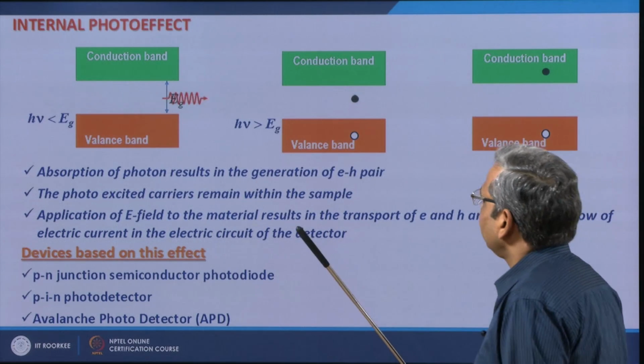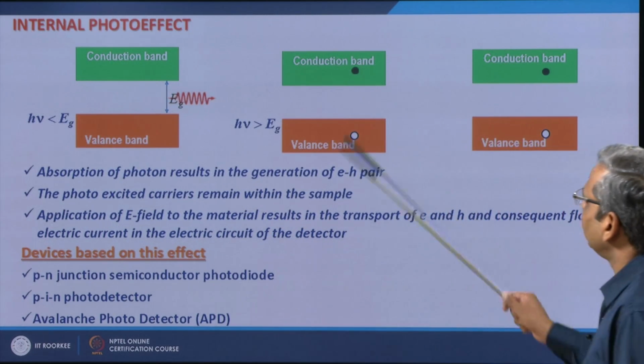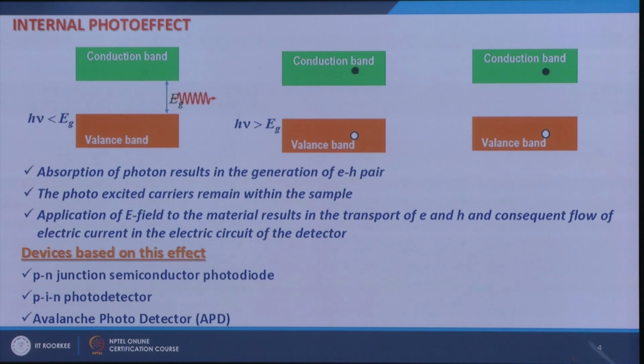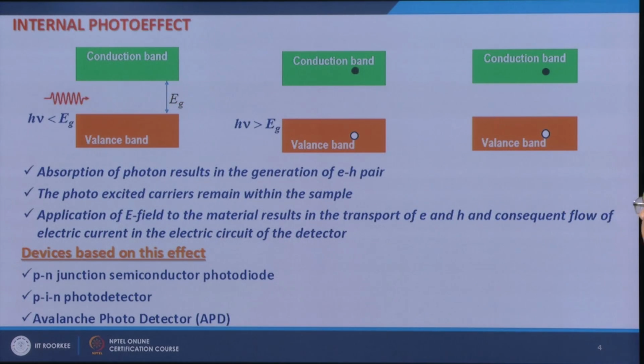So, the absorption of a photon will result in generation of an electron hole pair, but these photoexcited carriers remain within the material, they do not leave it. And then if we apply an electric field, this would result in the transport of electron and hole and consequent flow of electric current in an electric circuit.